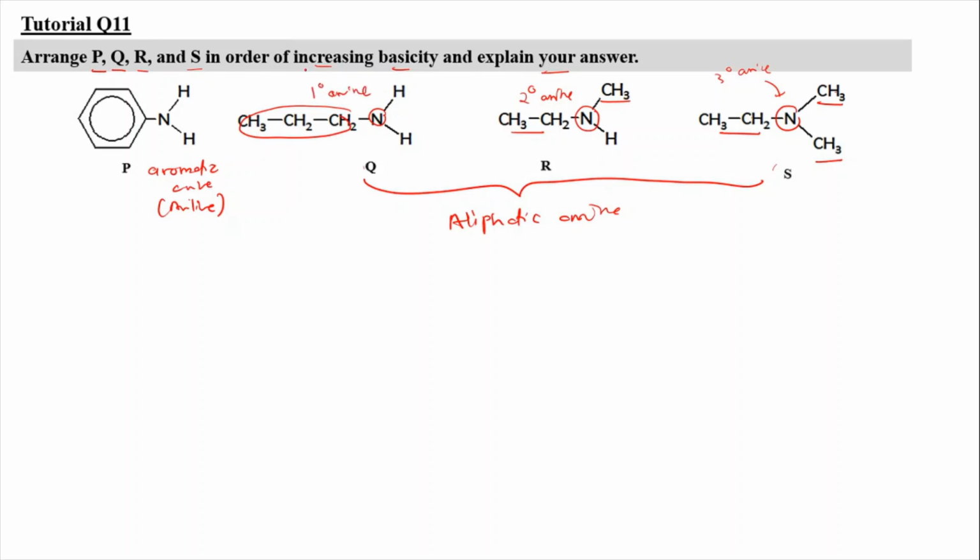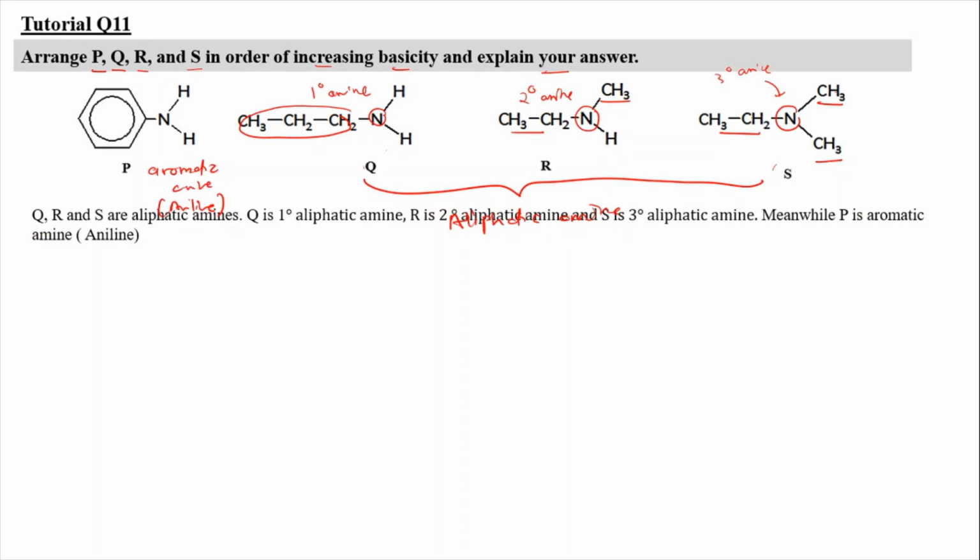Okay, and we're going to arrange that in the order of increasing basicity. So we can say that the structure S here is the most basic because it has the most alkyl groups, followed by R, followed by Q. And then P is going to have the lowest basicity because the electron is being delocalized in the benzene ring. So let us explain that in words. First, Q, R, and S are basically aliphatic amines.